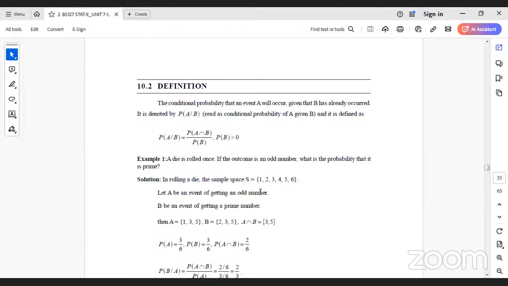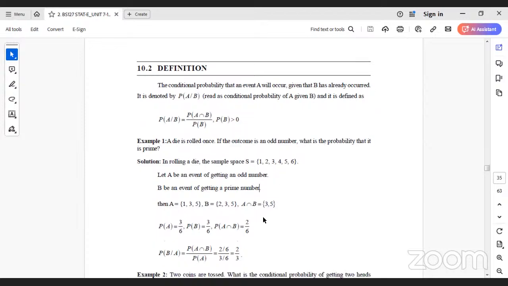A dice is rolled once, and its outcome is an odd number. What is the probability that it is a prime number? In a roll, the sample space is {1, 2, 3, 4, 5, 6}. Let A be the event of getting an odd number, and B the event of getting a prime number.